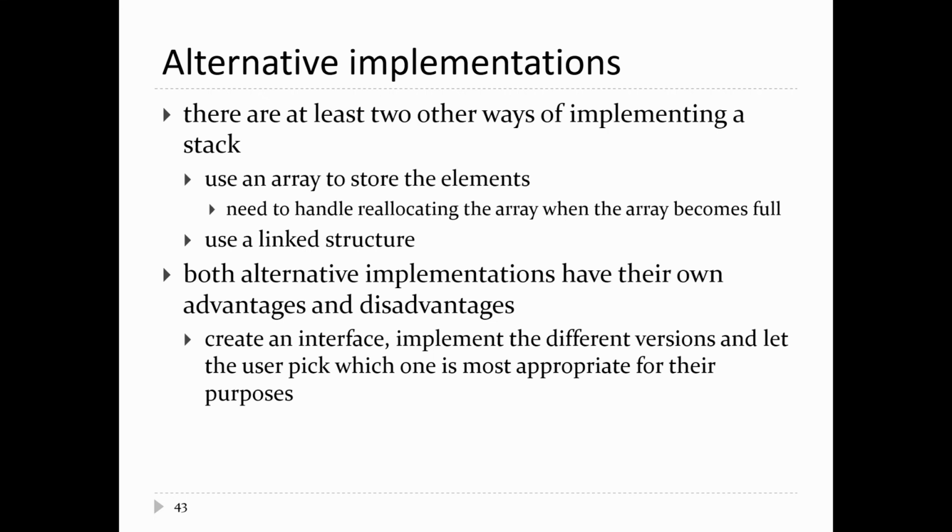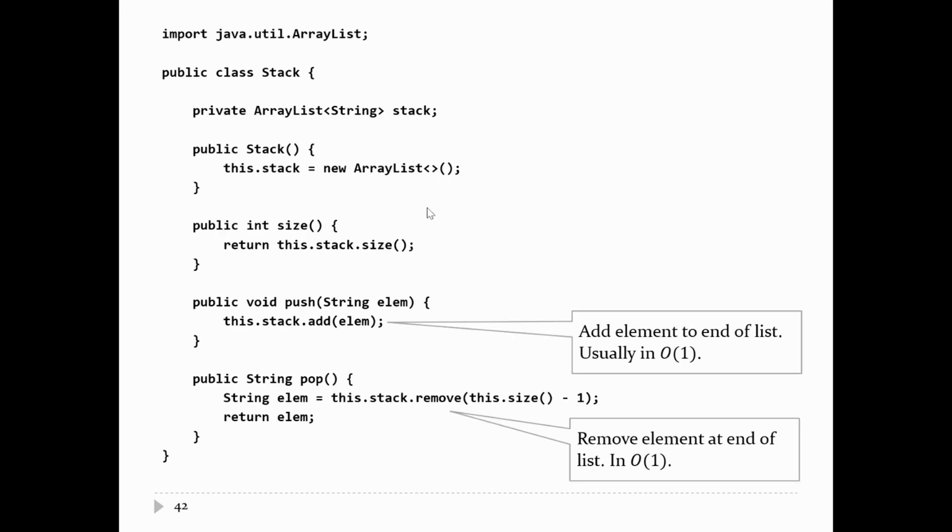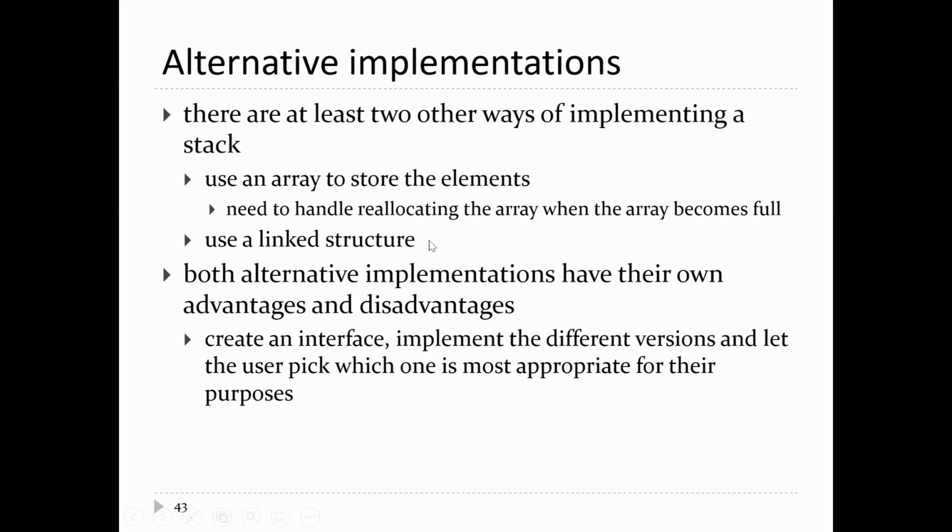But if you use a linked structure, you can guarantee that push is always O(1), which you can't guarantee with a list or an array-based list. Occasionally, push for an array or array-based list is O(n). So there you have several possible different implementations, each with their own advantages and disadvantages.